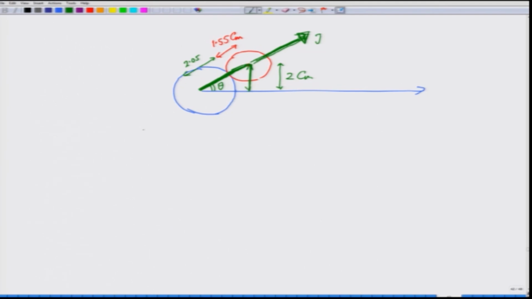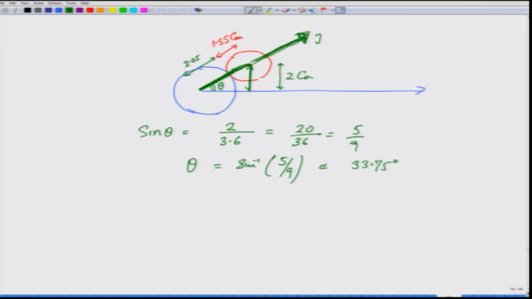So, you immediately have sine of theta is equal to 2 over 3.6, which is 20 over 36 or 5/9. So, theta at which the coin is going to move is sine inverse of 5/9, which is roughly 33.75 degrees. So, we already know that the coin is going to move at an angle 33.75 degrees from the x axis. Now, let us write the equations.